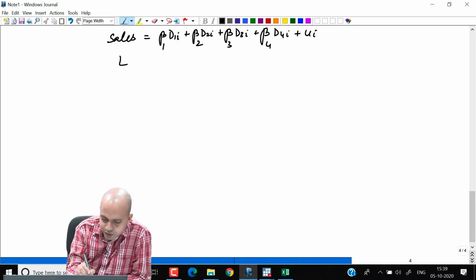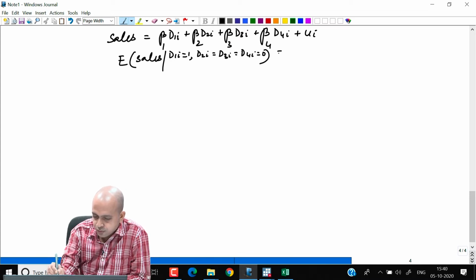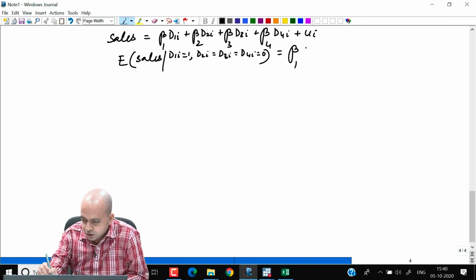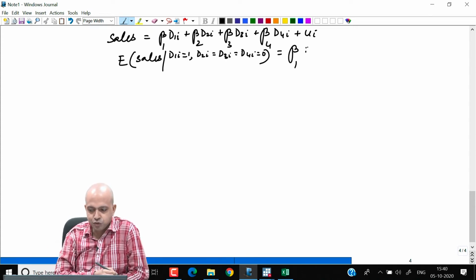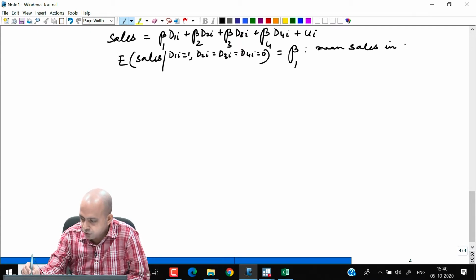Now if you take the expectation of sales given d1i equals 1 and d2i equals d3i equals d4i equals 0, then you will get beta 1. So beta 1 basically indicates mean sales in the first quarter.